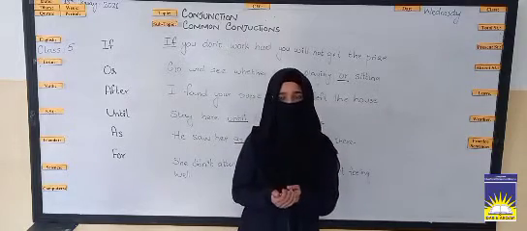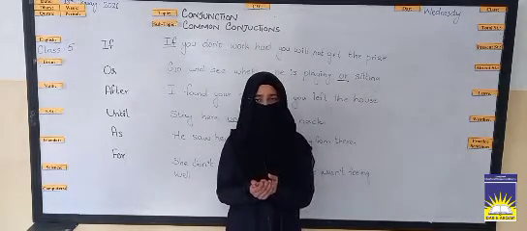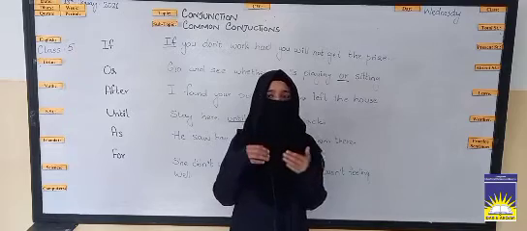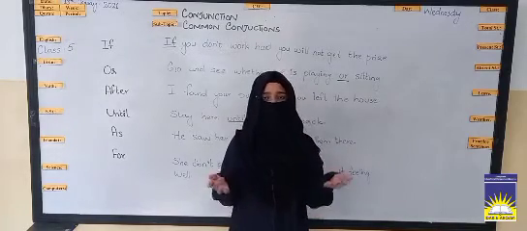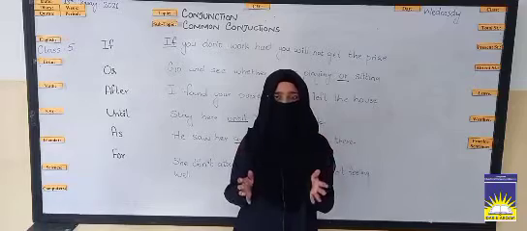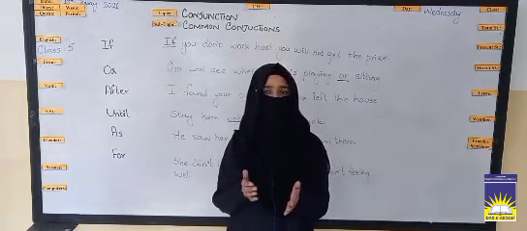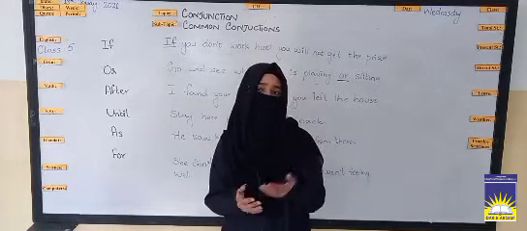Now in your workbook some common conjunctions are given to you and you have to put them in the correct blank. It means that you should know the meaning of conjunction so you can use these conjunctions easily in your sentences to join your sentences.